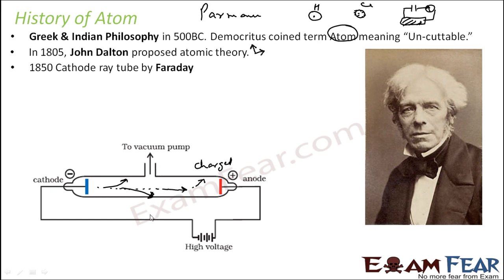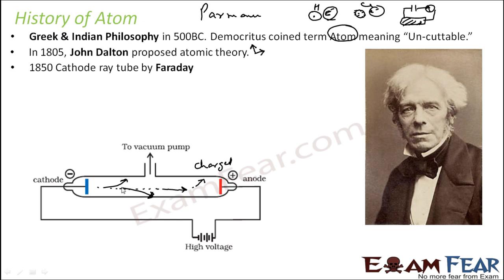But here what they have observed is that the nature of these particles is independent of the gas. That means it looks like this atom is actually broken into some particle, and this particle is common in both. Just think. Till 1805, Dalton has told that every atom, chlorine, fluorine, hydrogen, is unique, right? So the atom of hydrogen is unique, the atom of chlorine is unique.